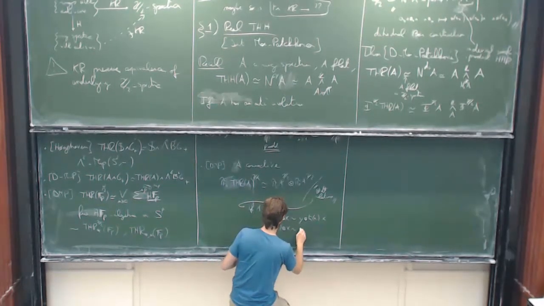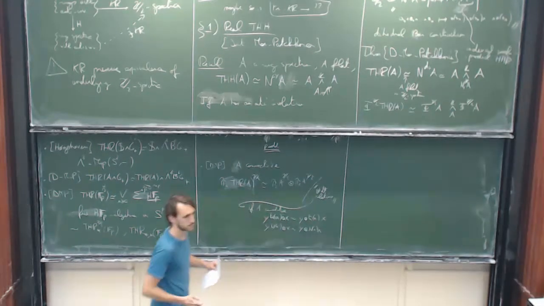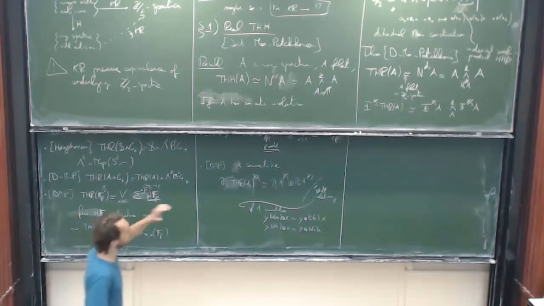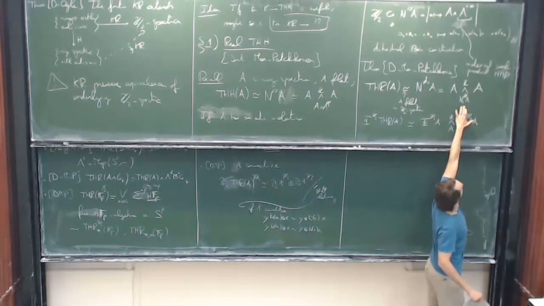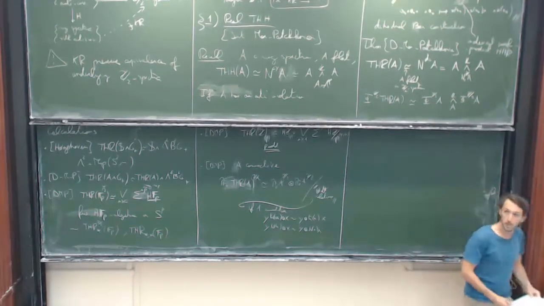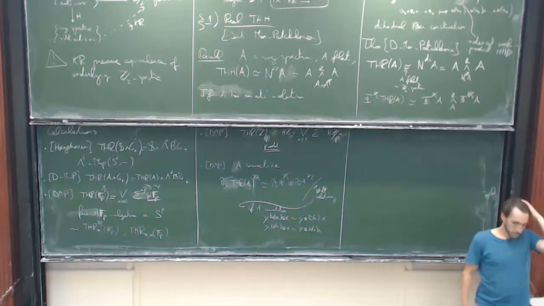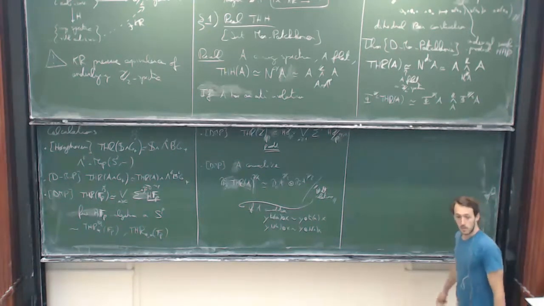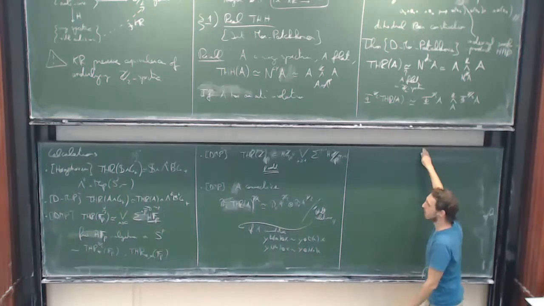And in the non-commutative case, they're a bit more complicated. At least in some sense, they come from pi naught of the enveloping algebra up here. Okay. So this is what I wanted to say about THH.